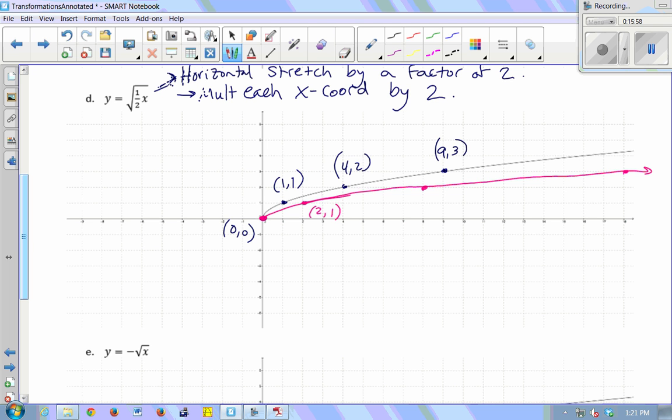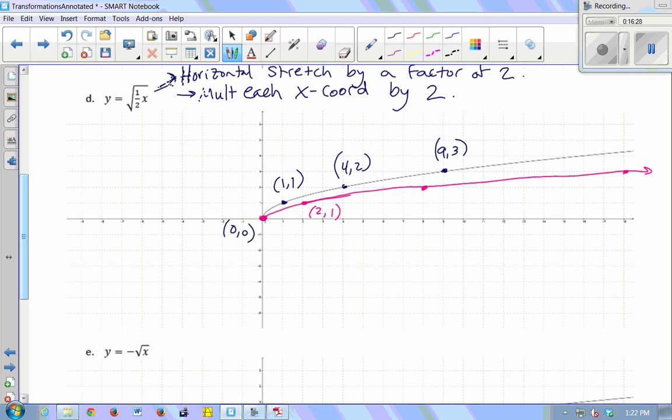Right, so that means it's going to be a stretch, right? You see this 1/2 times x, and your intuition says that this should be a shrink, right? Because multiplying a number by a half usually makes that number smaller. But because it's an inside change, it's the opposite of what you think. It's actually going to be a stretch. Yes, same principle as the plus minus. Yep. So when you're inside, if you multiply by a small number, things actually get bigger.